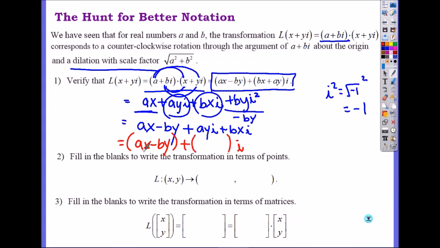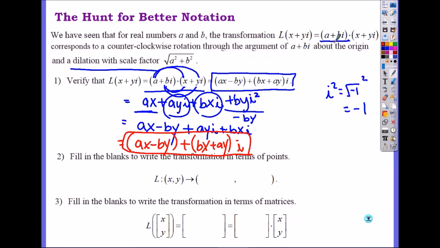And just like here, let's put the x's first. So I will put bx first, and then I'll put ay, and i's been taken out. So is that what they ask you to verify? That they are true? You see, ax minus by plus bx plus ay times i is the same as a plus bi transform applied to your complex numbers, okay?